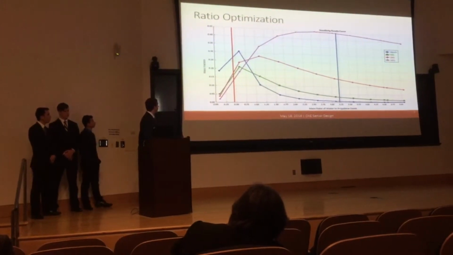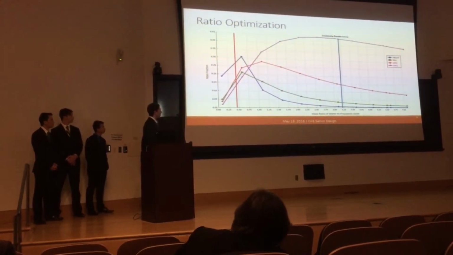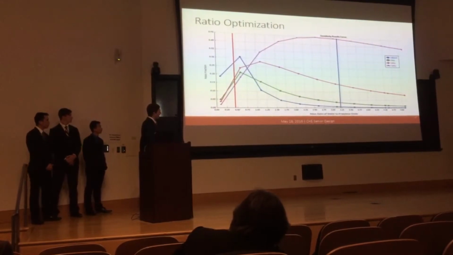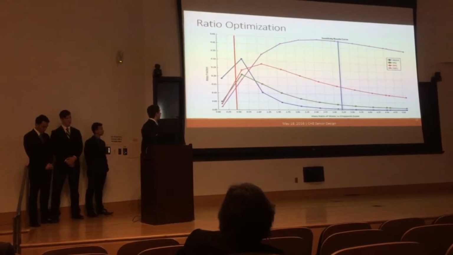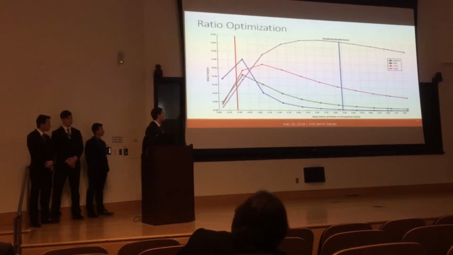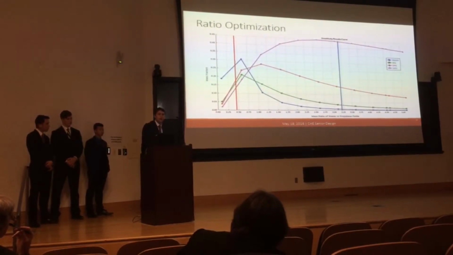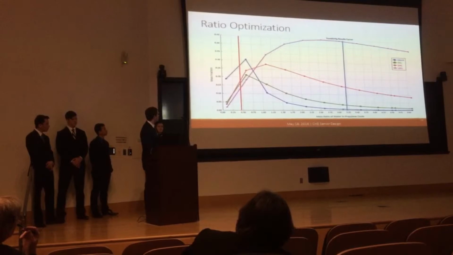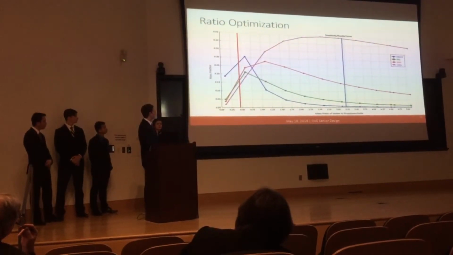In this graph, we have the composition of the various components of the first reactor. The purple line is monopropylene glycol, and the bottom blue line is our heavy tetrapropylene glycol. In that particular reactor, we were trying to maximize the production of monopropylene glycol. From literature values, we initially assumed a low water to propylene oxide ratio of 0.4.